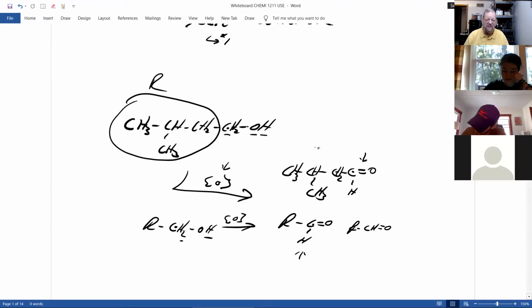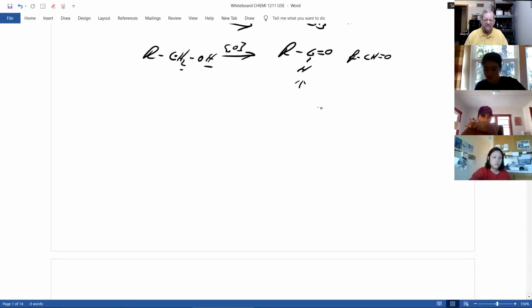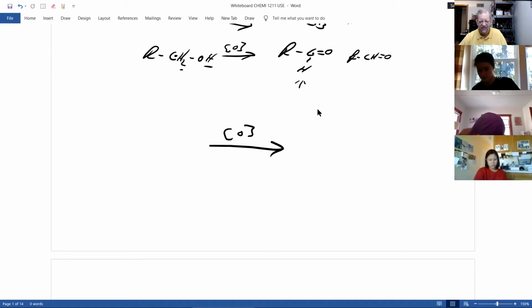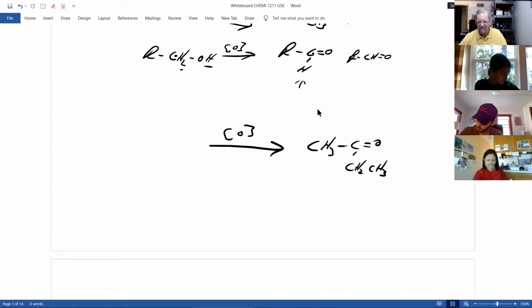Now, on test number 2, unlike test number 1, I will have 3 or 4 synthesis problems. So let's do one. What would you oxidize to make that molecule?